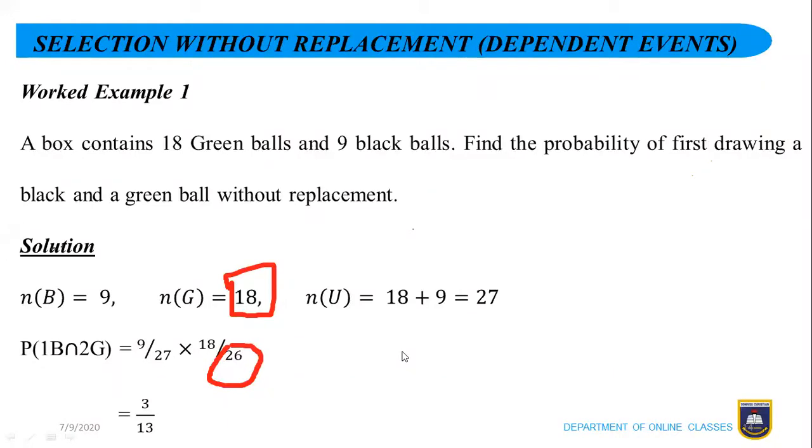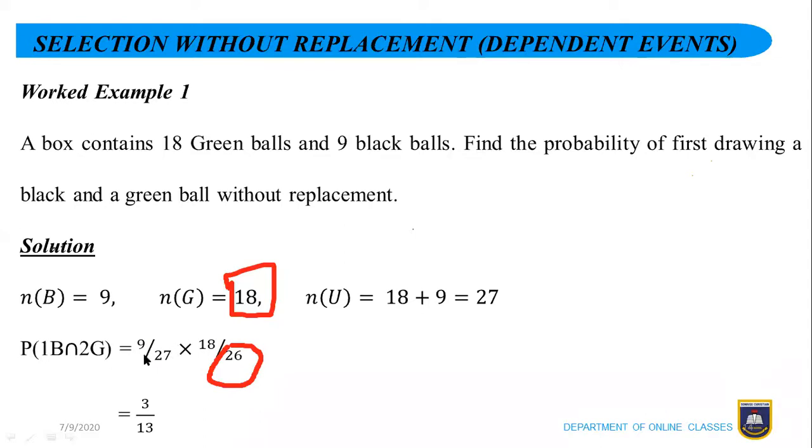So, Akitipel, what will be the probability of picking a green ball if you've removed one ball out of it? You will be left with 26. So out of the 26, what will be the probability of picking a green ball? 18 over 26. And we know that the intersection there means multiplication.